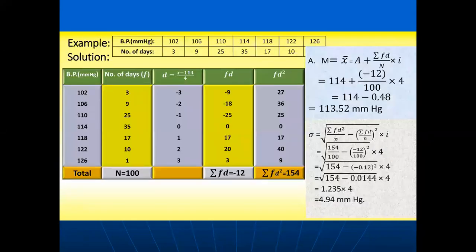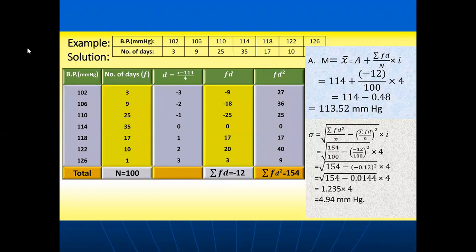So let us take an example here. The blood pressure is given as 102, 106, 110, 110, 114, 118, 122 and 126. The sum of the frequency is coming to 100. So d is equal to x minus a divided by 4, where I am assuming a as 114. What do you mean by class interval here?